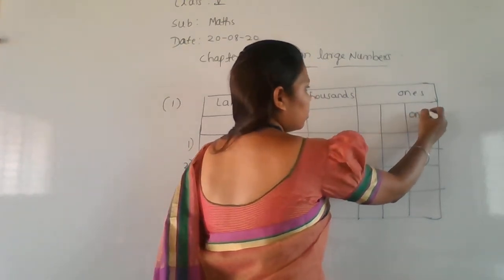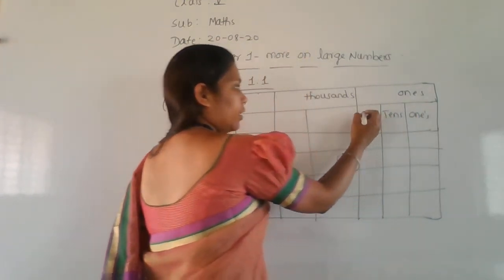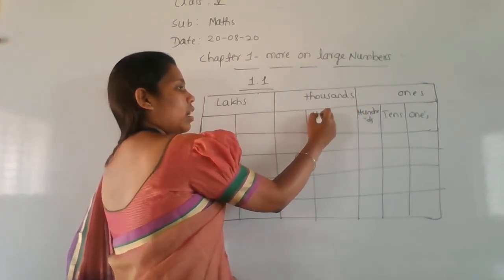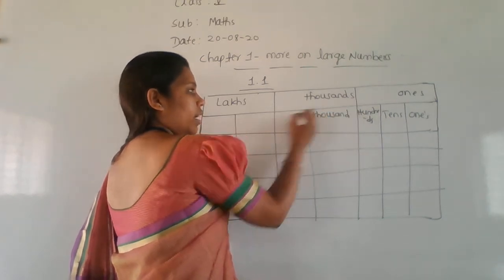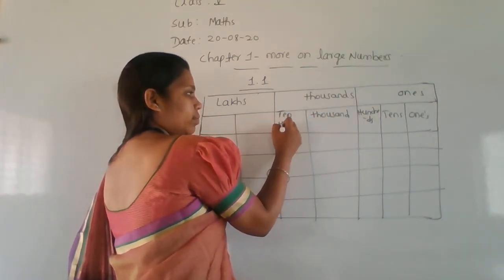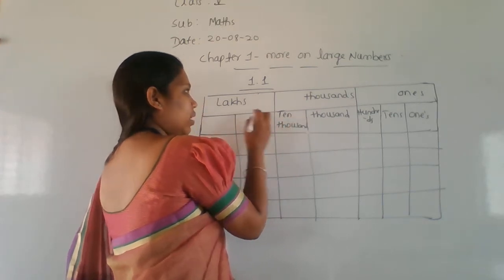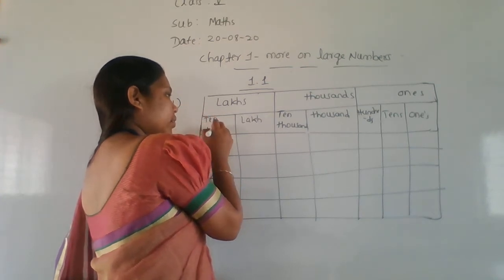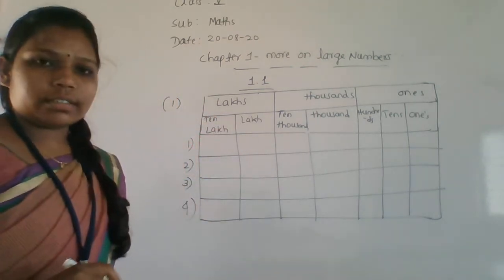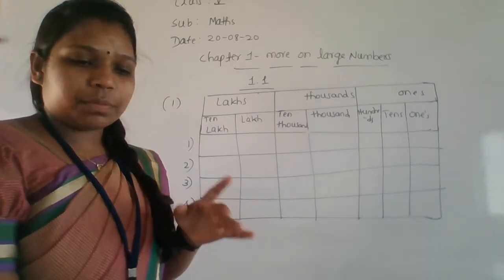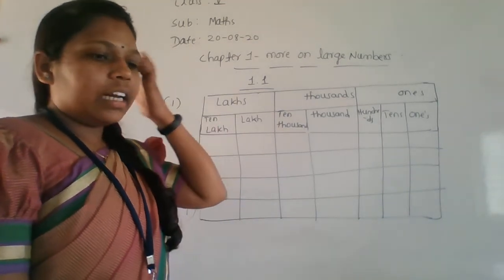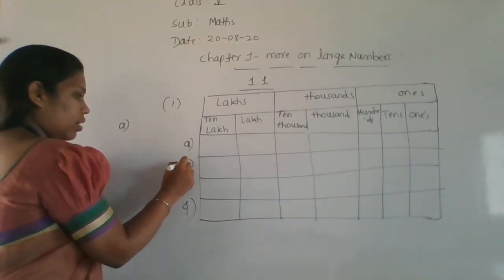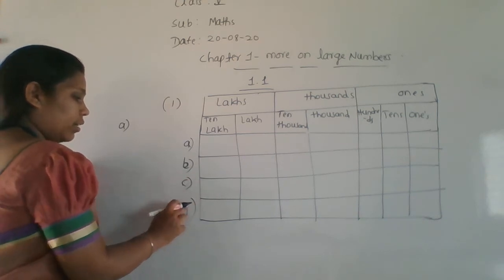Here ones, tens, hundreds, thousands, 10,000, lakh, and 10 lakh. This is the place value chart they gave in your textbook. The first number is A, here B, C, and D.